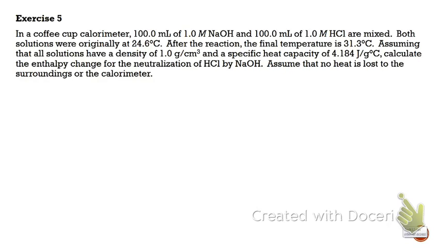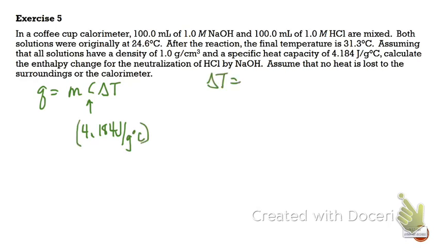So we are going to use Q equals m c delta T. We know c is 4.18 joules per gram degree C. Let's get our delta T: final minus initial, 31.3 minus 24.6 is 6.7.